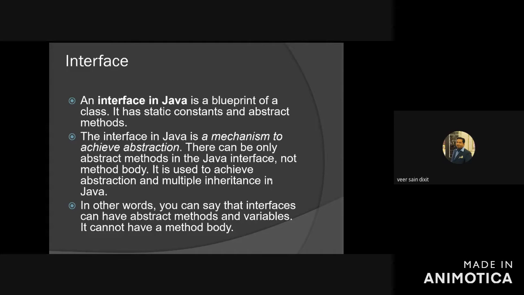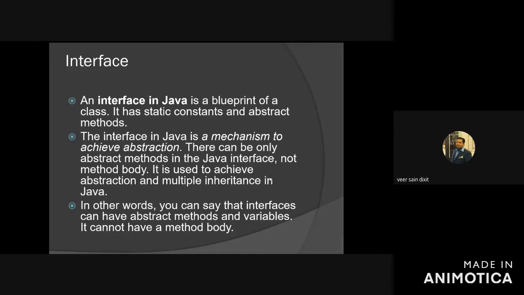Now, interface. What is an interface? In Java, an interface is a blueprint of a class. It has static constants and abstract methods. An interface is basically a collection of constant values and declarations of abstract methods.